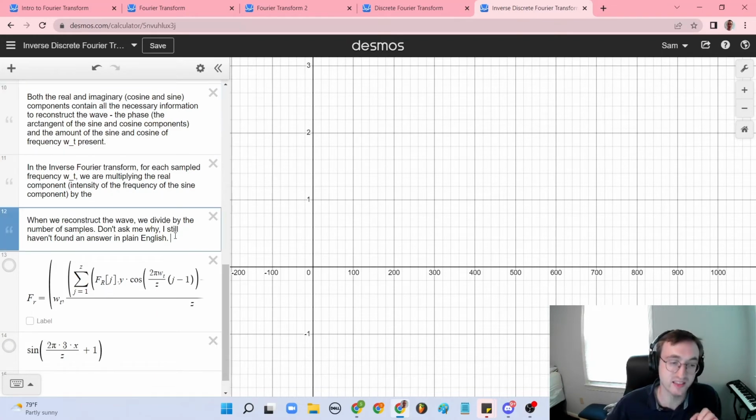Now the last thing is at the end, the Fourier transform, specifically the inverse part, you're supposed to divide by the number of samples. It depends: you can divide by n before or after, or you can divide by the square root of n both times.